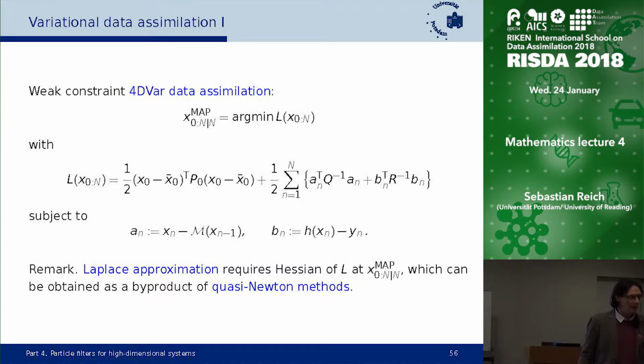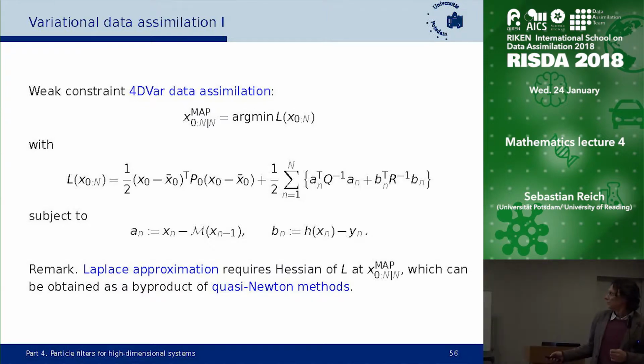In your 4D-Var implementation, that penalty didn't exist because you assumed your model is exact. So I'm talking here about the weak form of 4D-Var. This is one penalty. Another penalty comes through the observations, and that measures the mismatch between what you forecast in that variable and what you actually observe. And then there's a penalty for the prior.